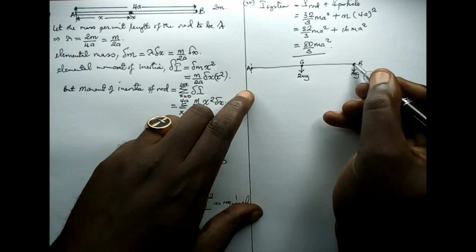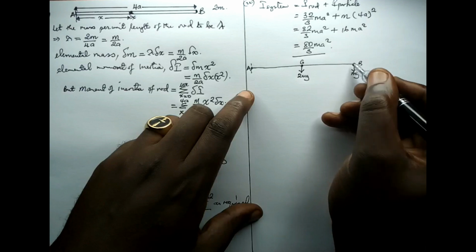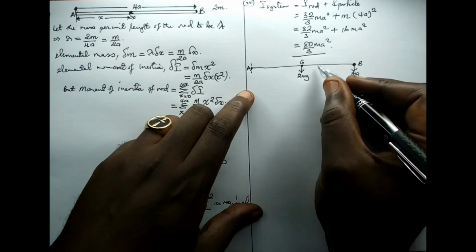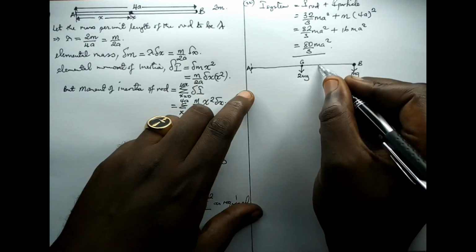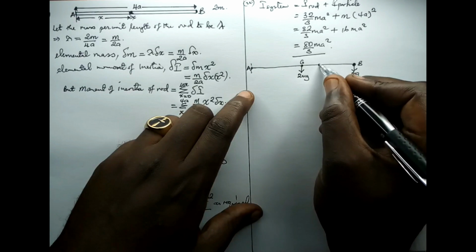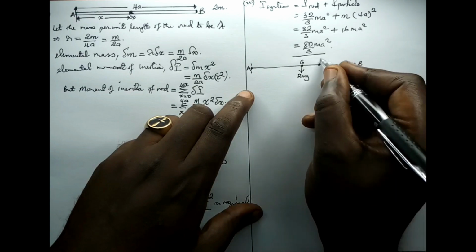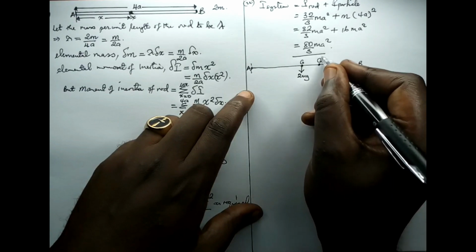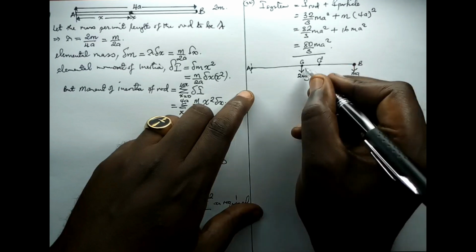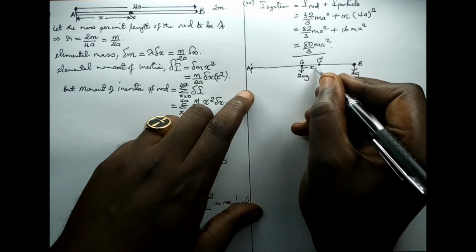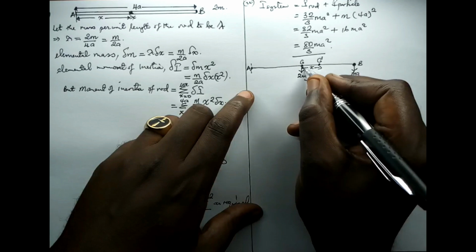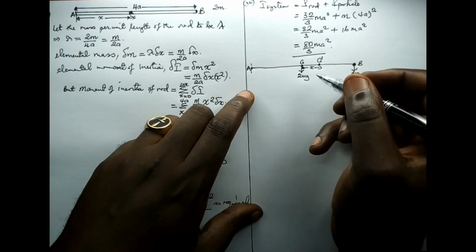Once the particle attaches itself at B, the center of gravity shifts to somewhere between G and B, and we can call that new center G prime. Let it be distant x from the center of the rod.